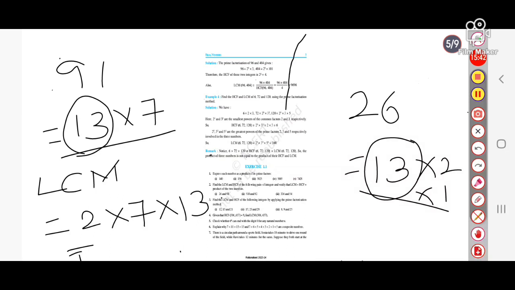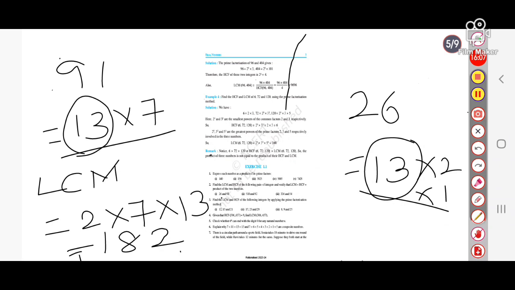When we multiply this, 7 into 2 is 14, 14 into 13 gives 182. So the LCM of 26 and 91 is 182.